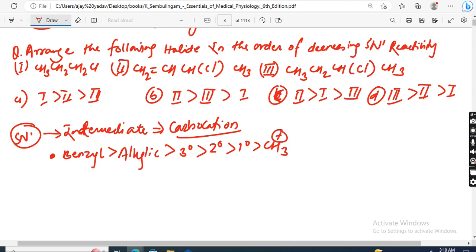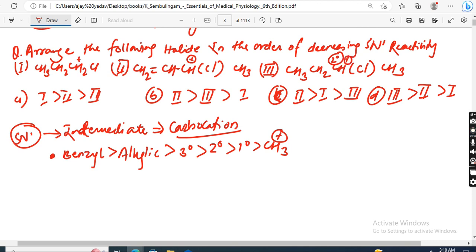Okay, so let us see over here. This is benzylic. I'm sorry, this is your allylic. Look over here. Here is the positive charge, and this positive charge will actually delocalize from here, right? So this is your allylic carbocation. This one is your secondary carbon, so this is your secondary halide, so this will form secondary carbocation.